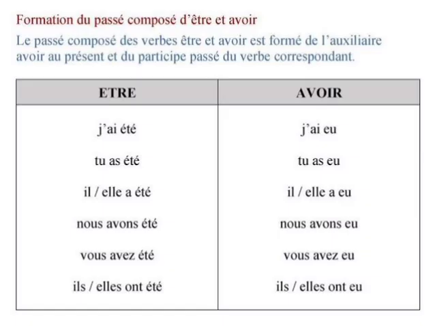J'ai été. It will use avoir in the present tense, and then the past participle of être is été, as E accent aigu, T, E accent aigu. That's acute accent. That's what I mean by accent aigu.